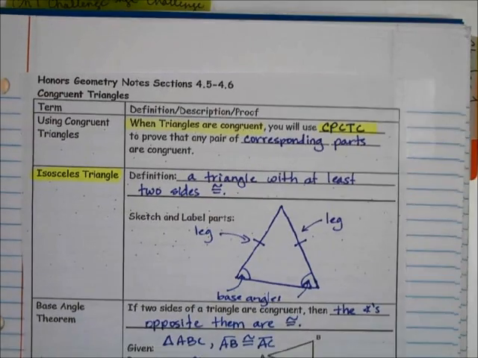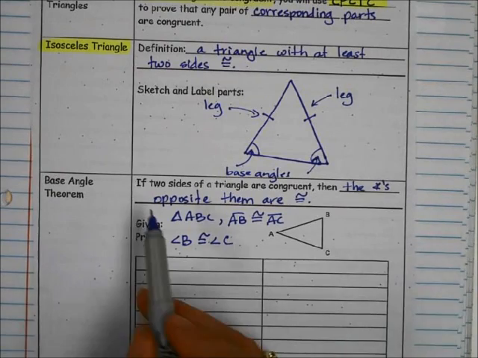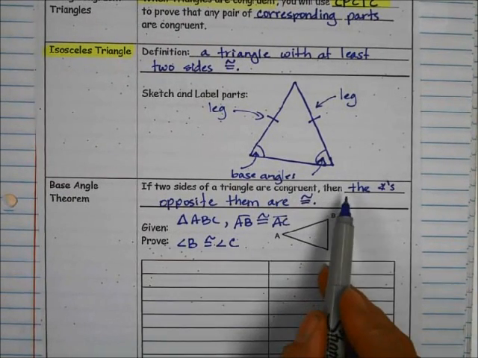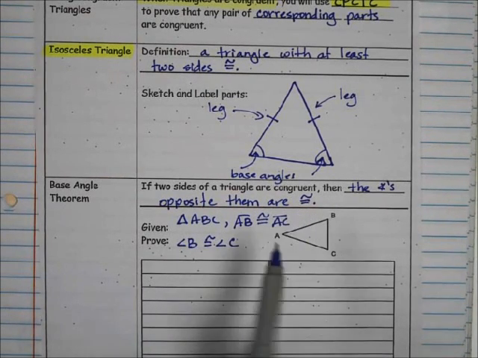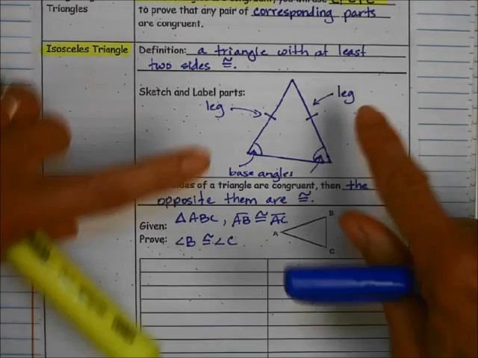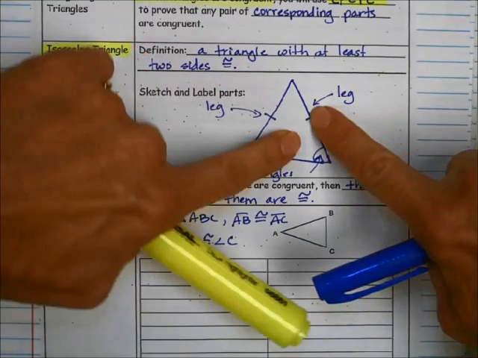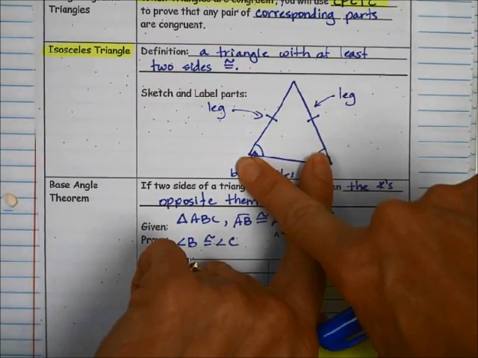Now, the base angle theorem of an isosceles triangle states that if two sides of a triangle are congruent, then the angles opposite them are congruent. So, let's prove that. Basically what we're going to try to prove is, if we have an isosceles triangle, then the angles opposite them are congruent.